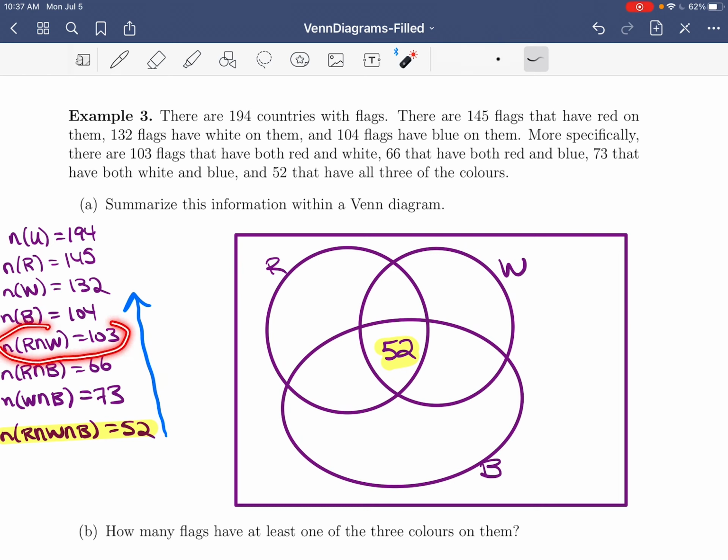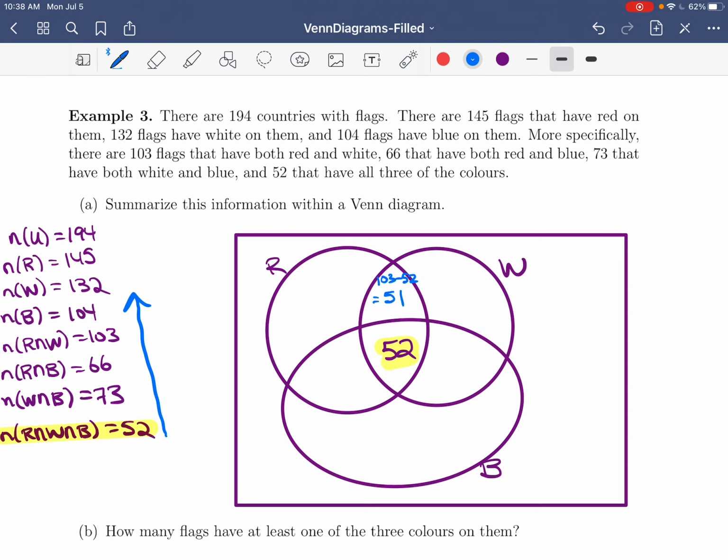So this intersection, red intersect white, is 103, means that these 2 spots have to add to 103 because that's where red and white intersect, right? Would be this shaded bit. So that means that this spot up here has to be 103 minus the 52 we already know have both, and that's going to be 51.